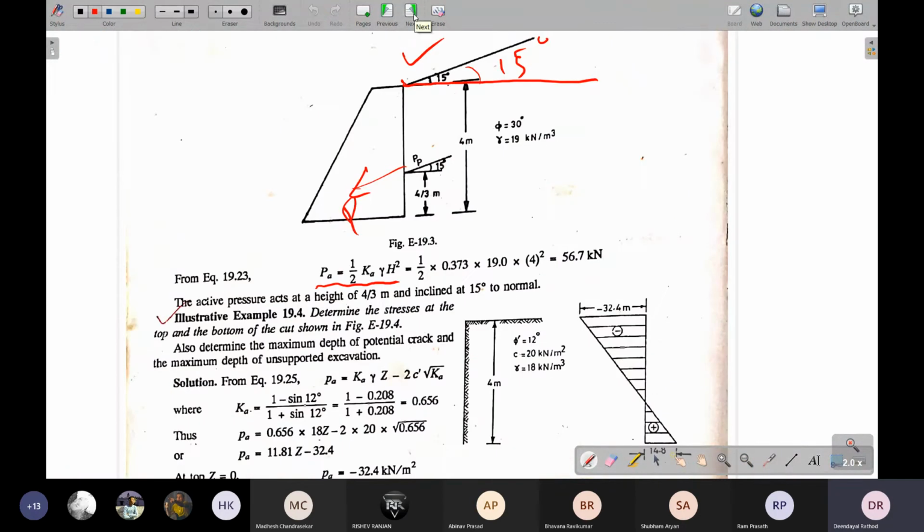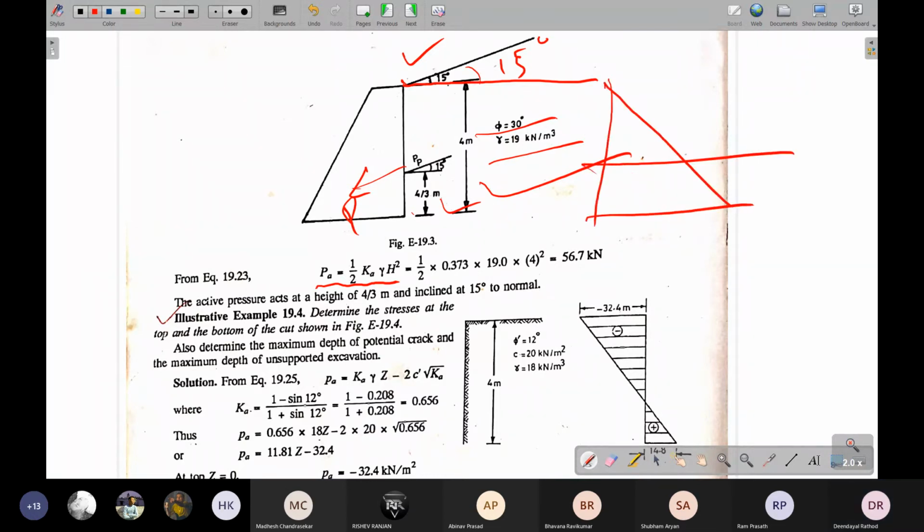So here the phi value is given, gamma value is given, height of the wall is given. Then when you find it out, you will get only one triangle. That's why it will act at h by 3. What is h? 4 by 3 it will act.